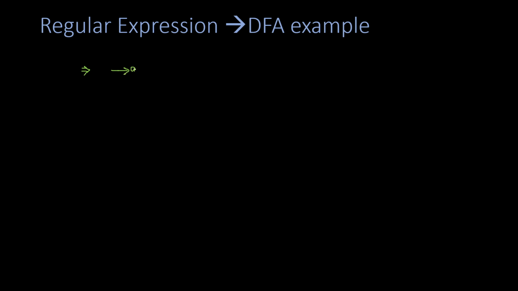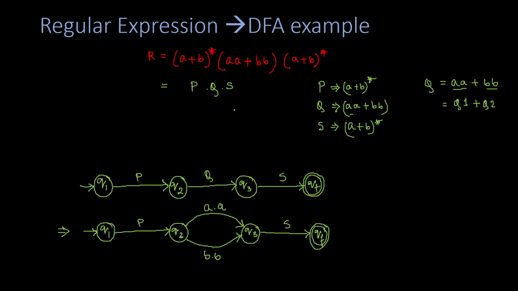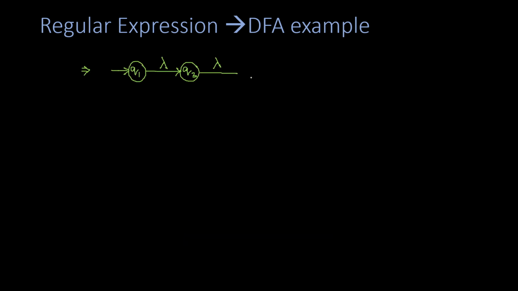So we have a regular expression Q1 here. Fine. And from Q1, using lambda, I reach Q3, a new state I'm generating. And from Q3 by lambda, I will reach another new state, which should be Q2.